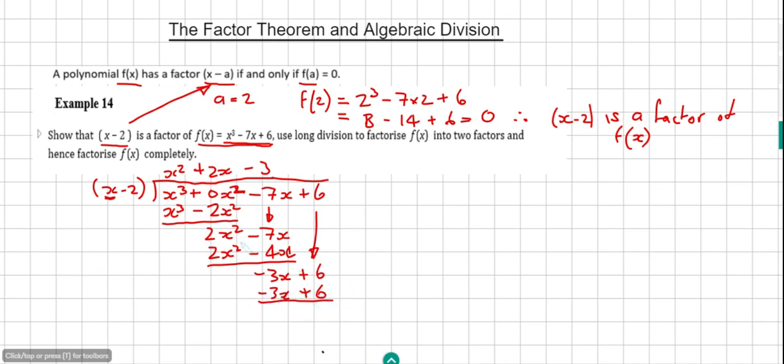And if we've done it correctly, and the x minus 2 was a factor, as we showed with the factor theorem, then we've ended up with 0, which is another confirmation that x minus 2 is a factor of this polynomial. If it hadn't been the case that we ended up with 0, we've gone wrong somewhere, because if we end up with a remainder, that would mean that x minus 2 wasn't a factor of this polynomial f of x.